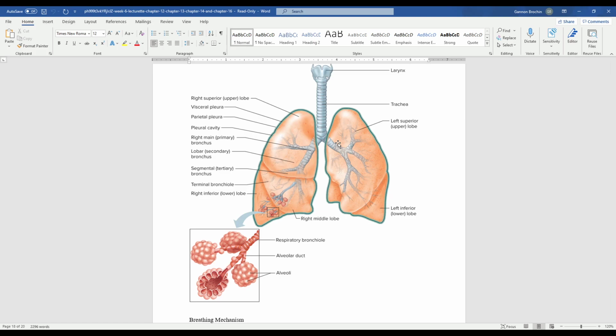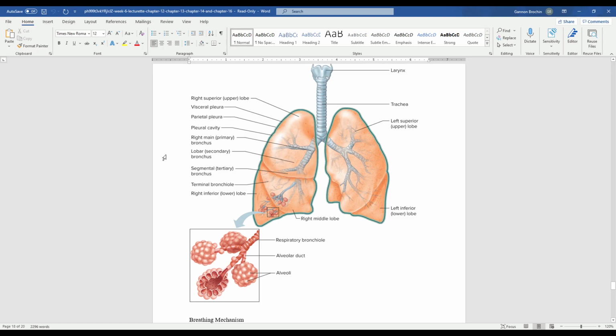So with the right lung having 3 lobes, our next bronchial split, the secondary bronchi, can also be called lobar bronchi. There are 3 of those in the right lung and only 2 of them in the left. Okay? Beyond the secondary, we then start to talk about the tertiary bronchi.